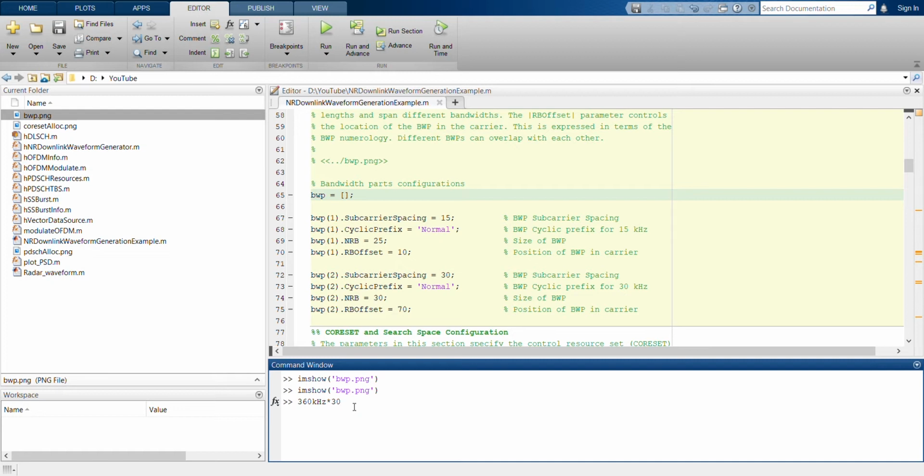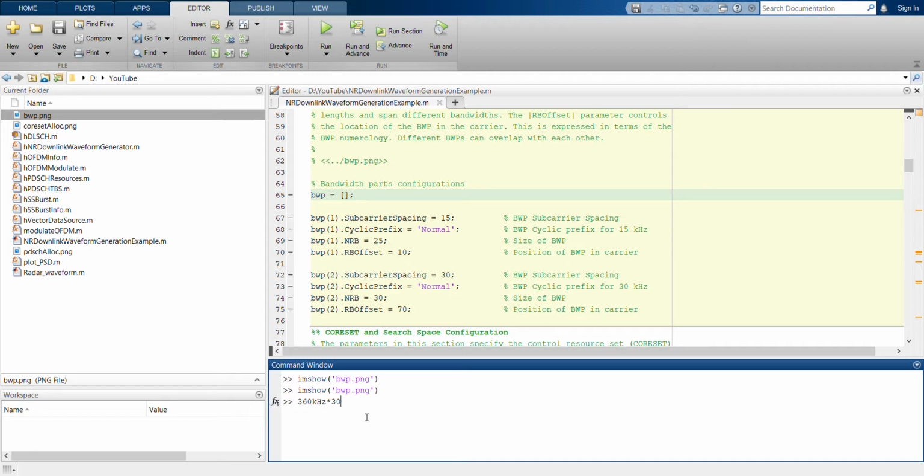So this is the total bandwidth of the second bandwidth part. And here the resource block offset is 70. That means from 0 to 70 is the resource block offset, and then you go 30 resource blocks up, but in 30 kilohertz subcarrier spacing. That corresponds to the image which you saw earlier.